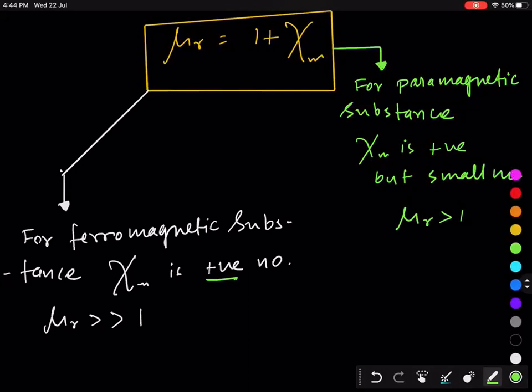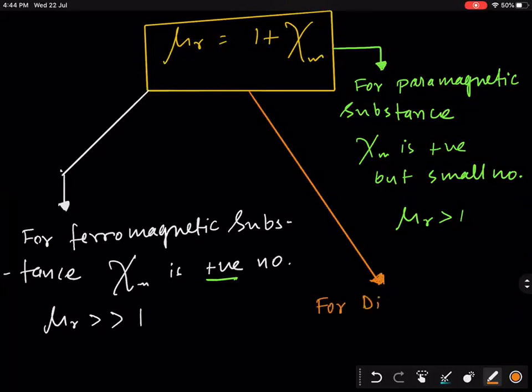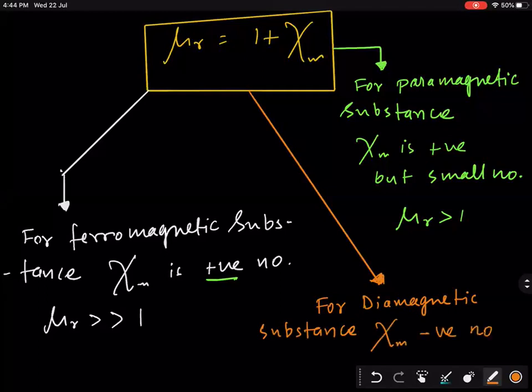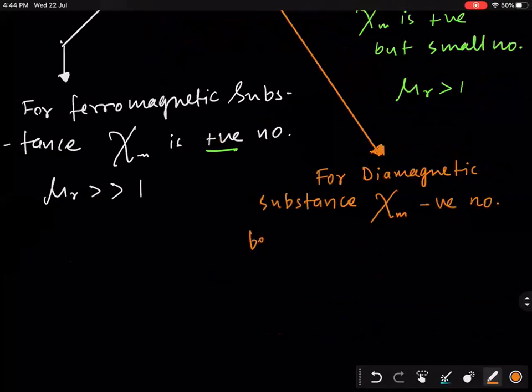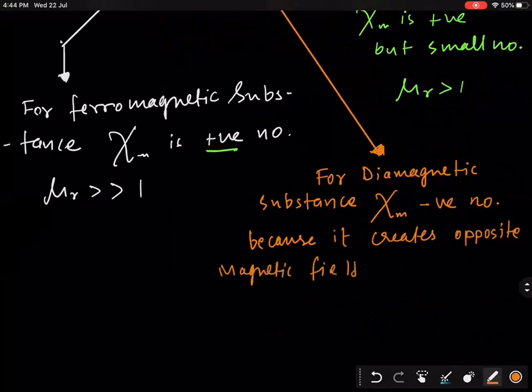But which substance is going to behave weird? Come on, tell me, which substance? Diamagnetic. A diamagnetic substance repels the external magnetic field. Chi is a negative number because it creates an opposite magnetic field with respect to the external field.